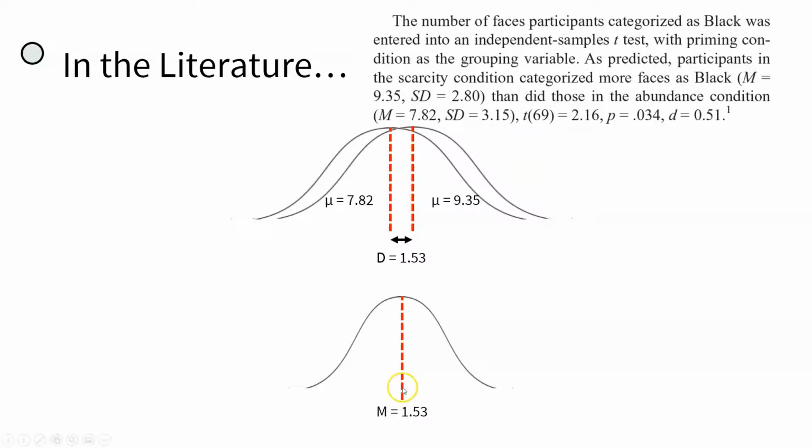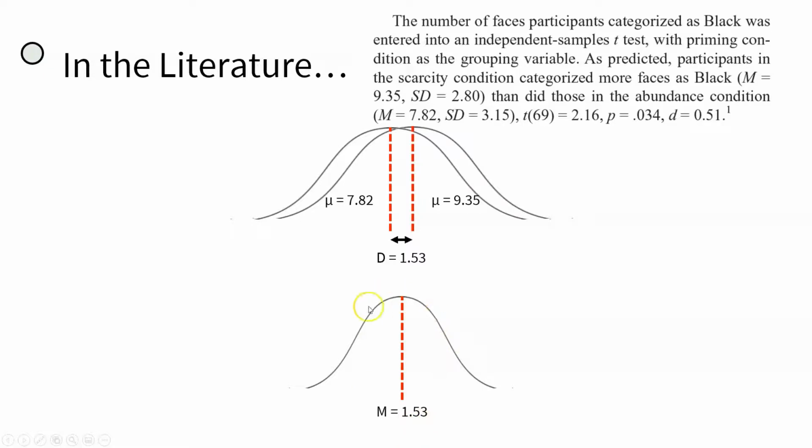Now, that's assuming, of course, that there actually is a difference in the population of 1.53. If this were a bigger or a smaller difference in the real populations, then this would reflect that. But we don't know how much it is. We're just guessing based on the sample characteristics that we've drawn for this particular study.